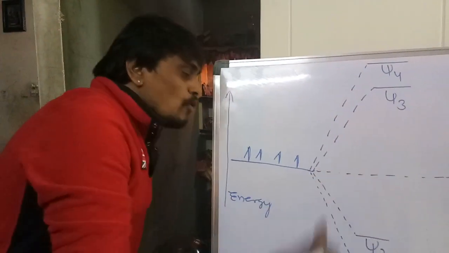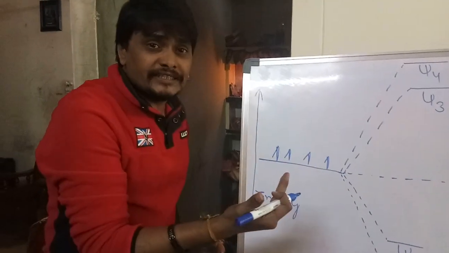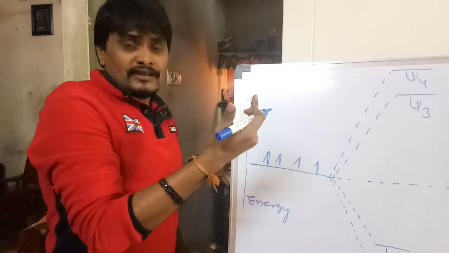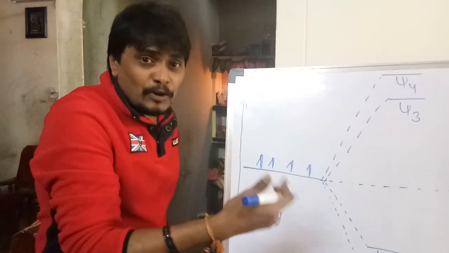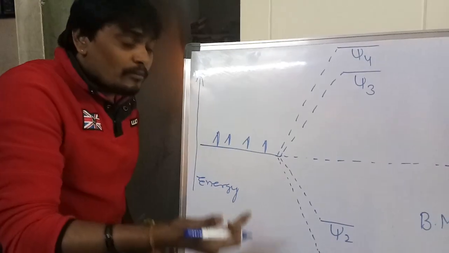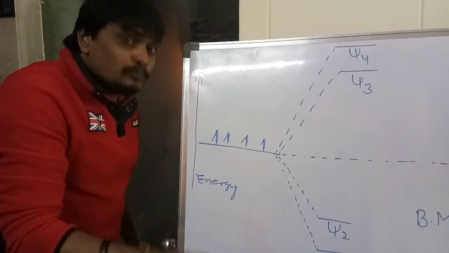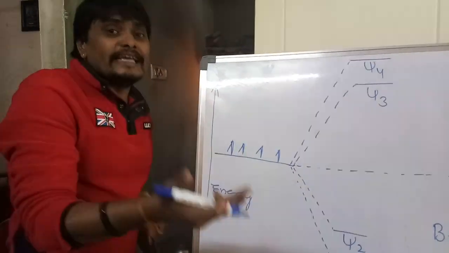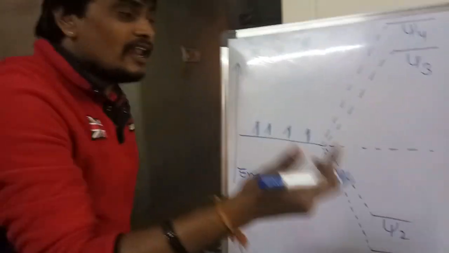As we move up, what will happen to the energy? Energy will increase. And as the node is directly proportional to energy, when we are moving from bottom to the top, the energy will increase and the number of nodes also will increase.